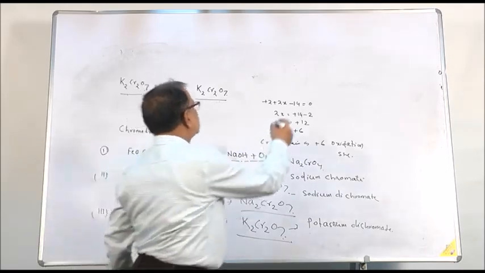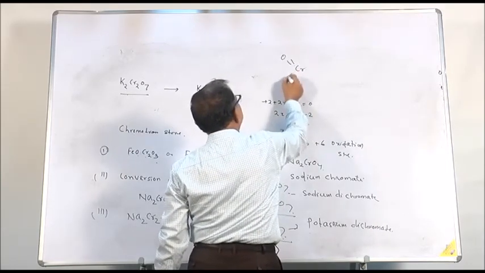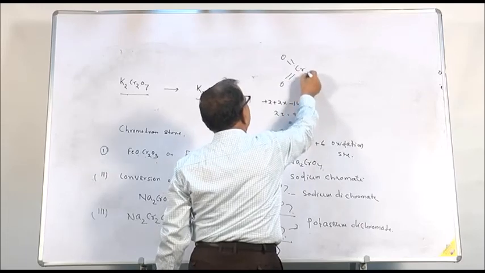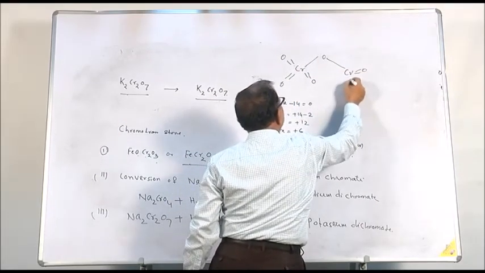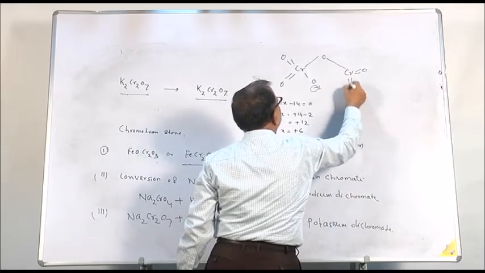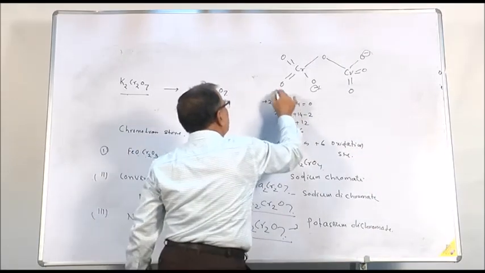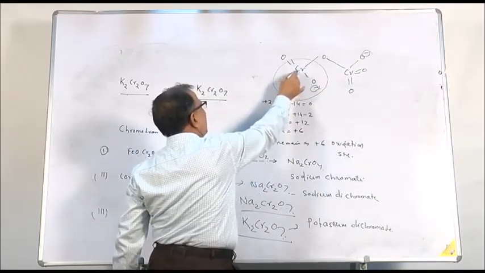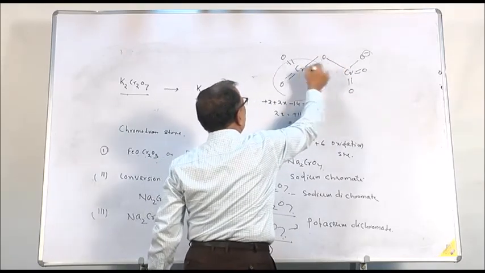The structure is like this: Cr, O minus. So this is one tetrahedral structure, CrO. This oxygen remains as a bridge between two chromium atoms.